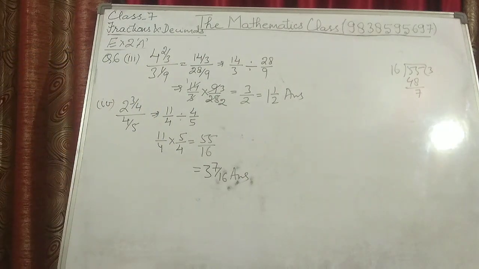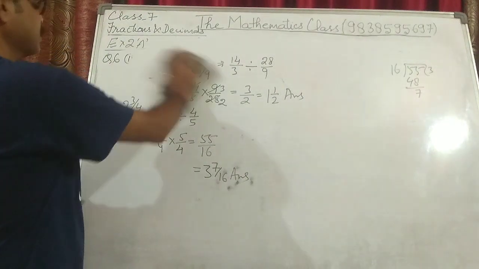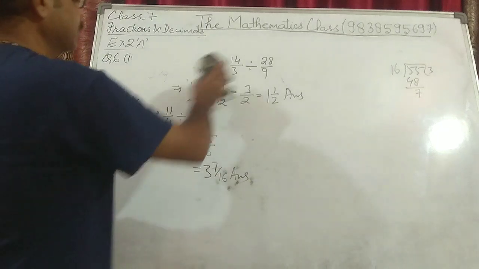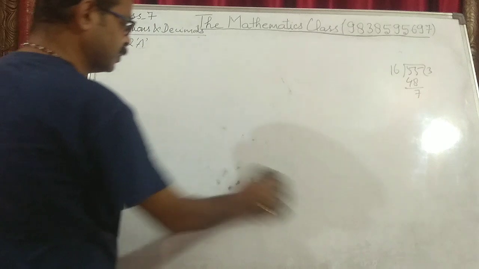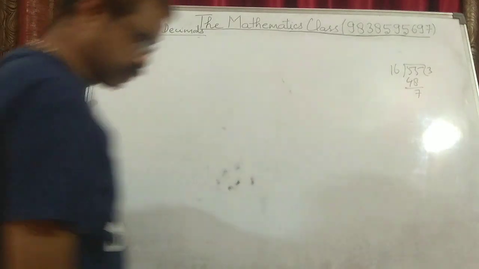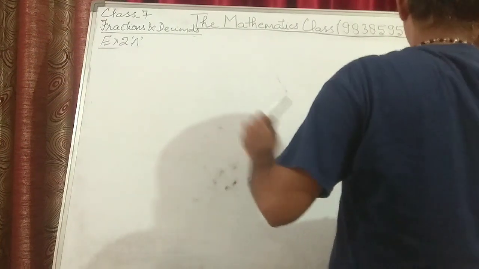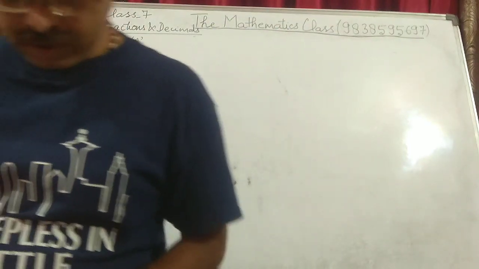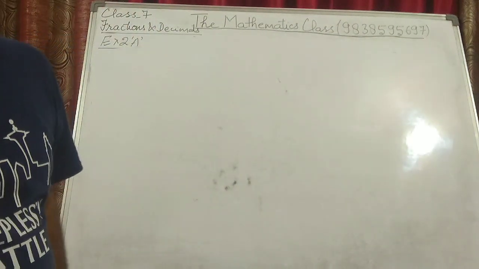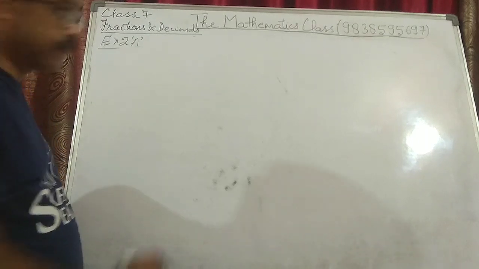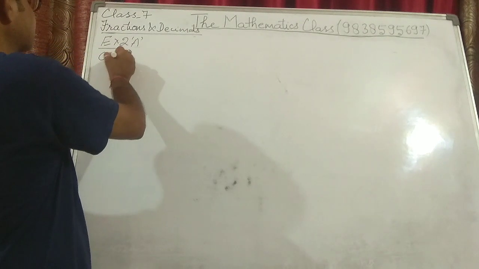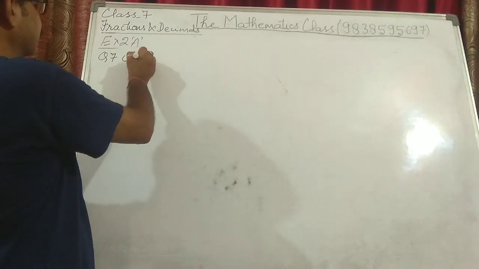Now next question number 7. In question number 7, you have to find the value of. So find the value of question number 7. Let's see which part we will consider. So we will consider fourth part and fifth part. Question number 7, fourth part.